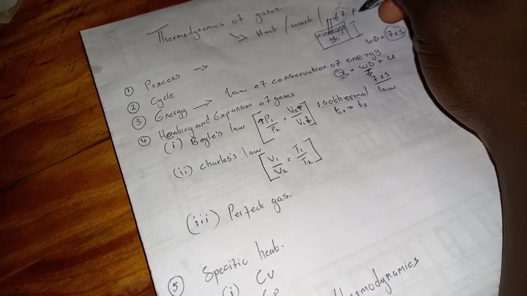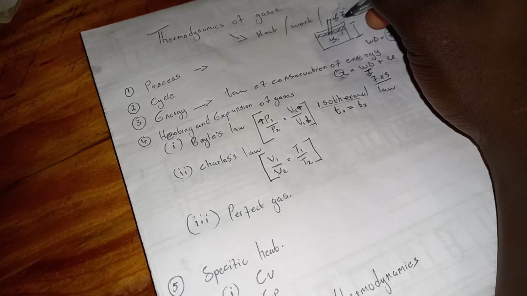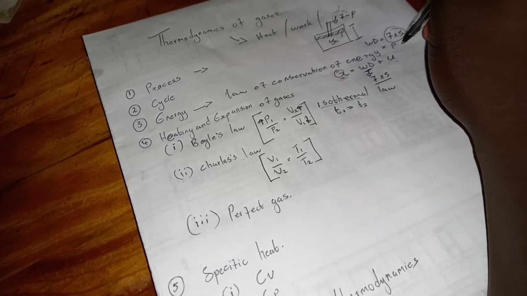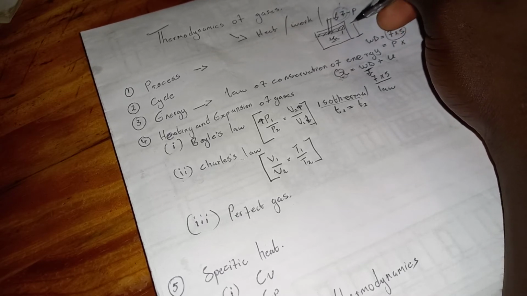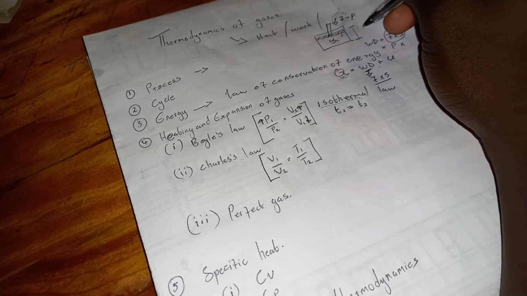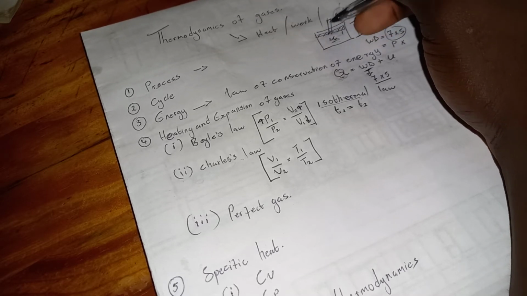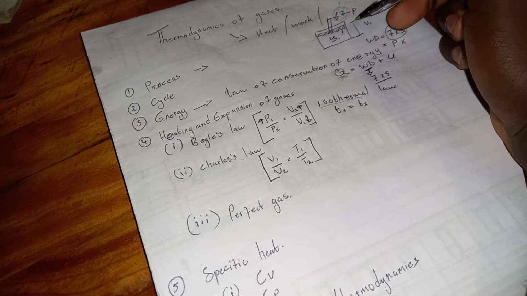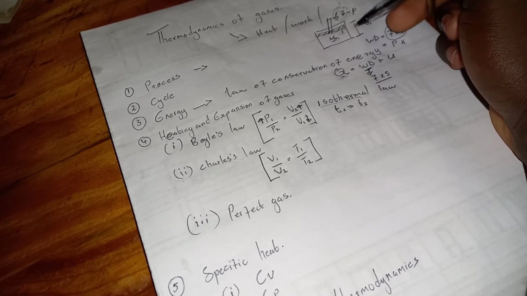We can then substitute pressure for this force, and then we say the work done is pressure multiplied by the displacement, which is going to be recorded as the volume. So if this plunger moves, it applies the pressure downwards, and the volume changes, right?